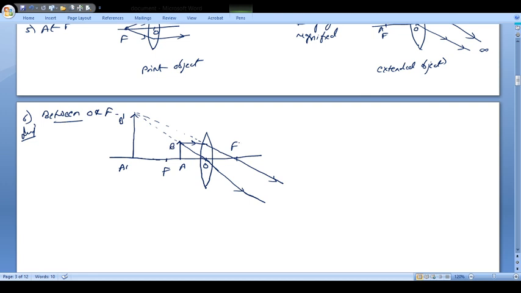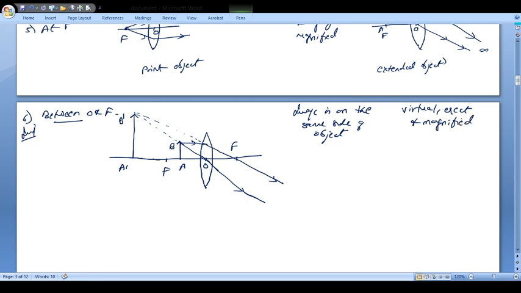So in this case you will find, where is the image? Image is on the same side of object. Fine. And what can you say? Nature, it is virtual, erect and magnified.